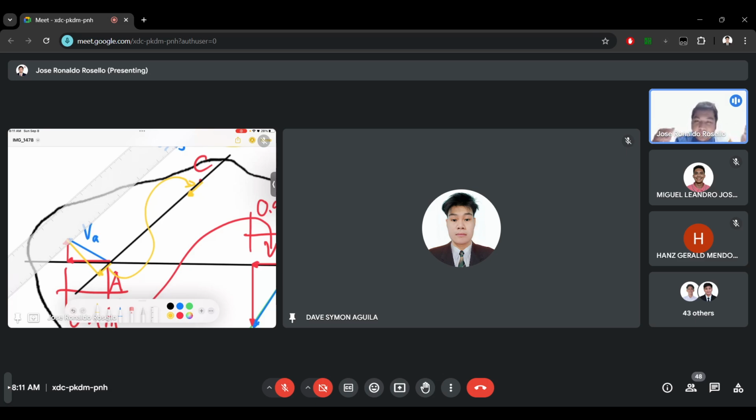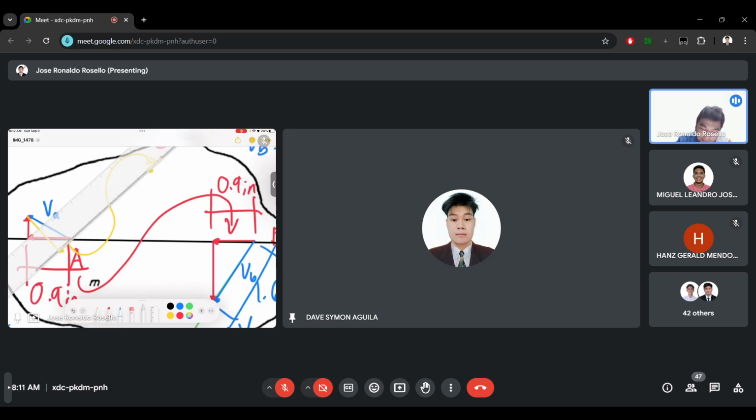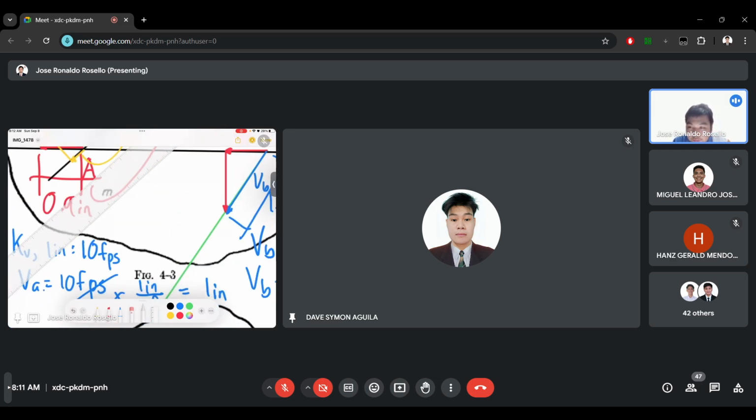Now, for the following part of this resolution and composition method, we need to make a perpendicular line with reference to this component for this vector. But the challenge here is that we don't know the direction. Unlike earlier at point B, we have a given direction, which is this green line.